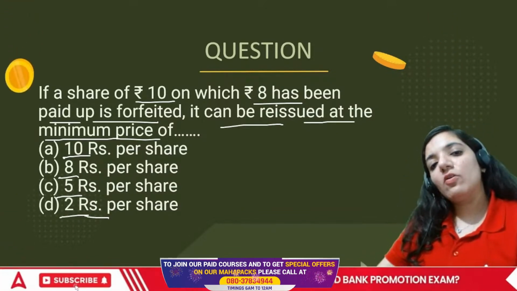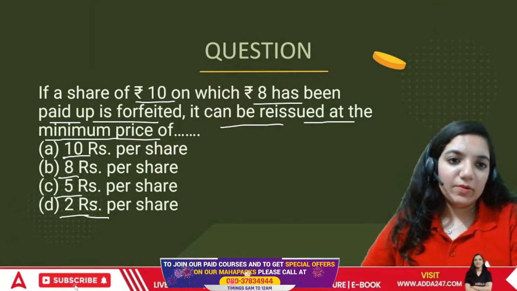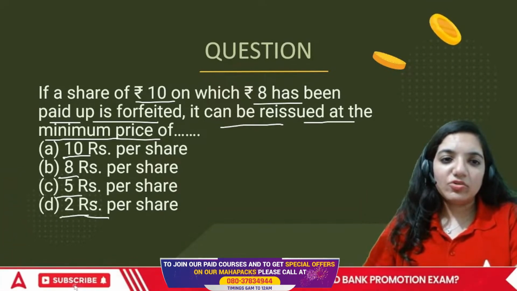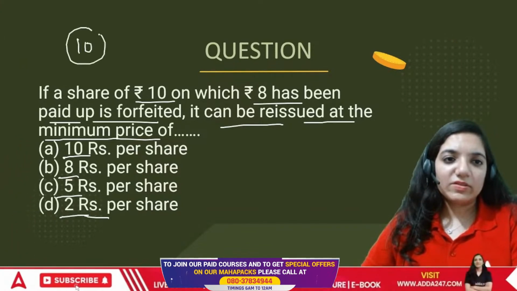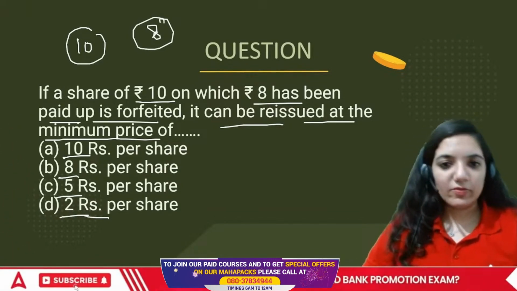If the share of rupees 10 on which 8 has been paid up is forfeited, it can be reissued at a minimum price. See, the person was supposed to pay 10 rupees and he paid 8. After paying 8, he said, I cannot pay you further.